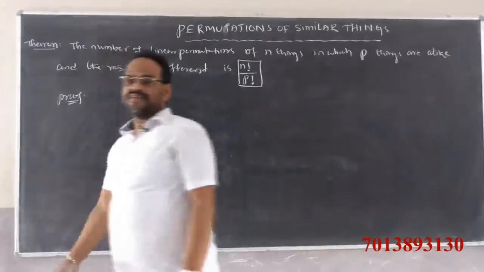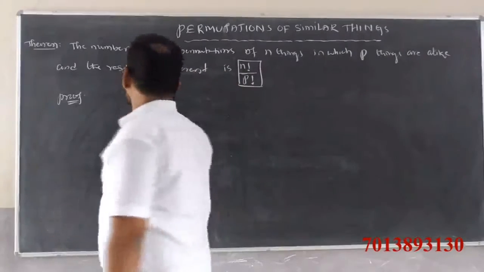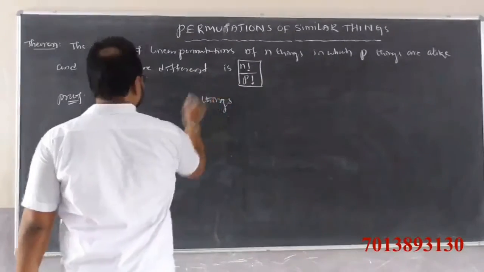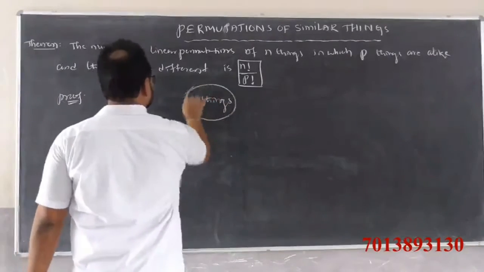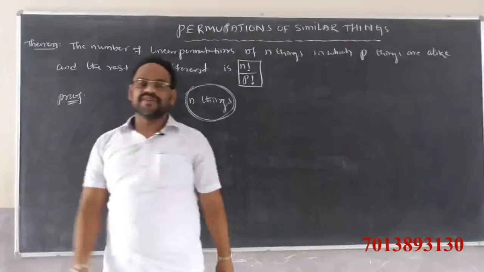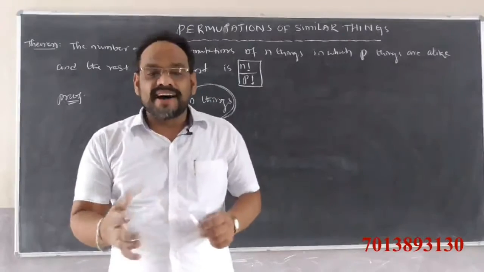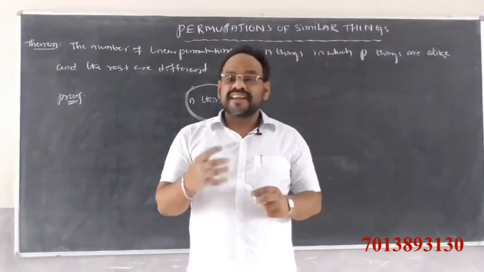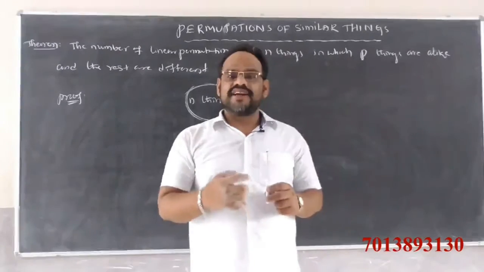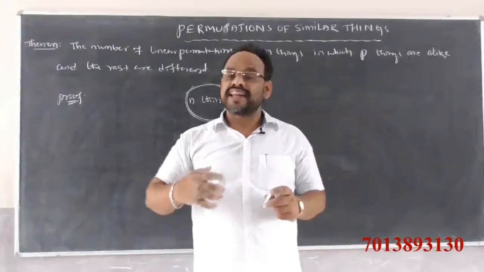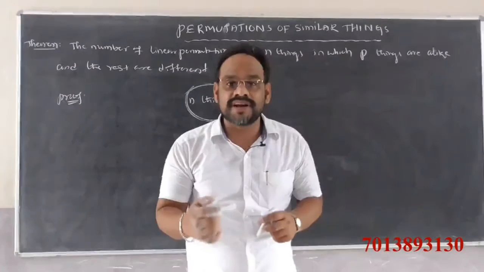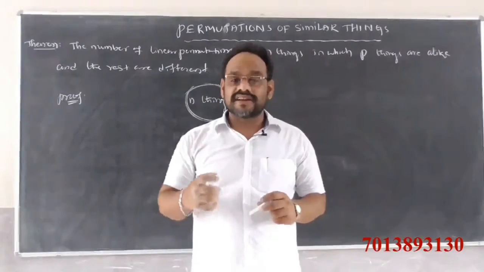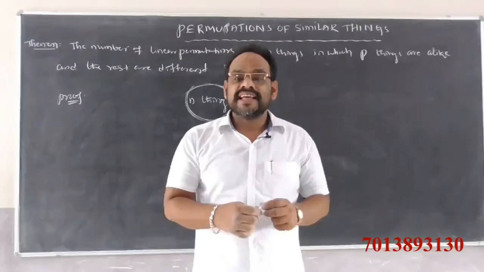Observe here. We have n things. Let k be the number of required permutations. Let us assume that k is the required number of permutations. Consider one of these permutations.